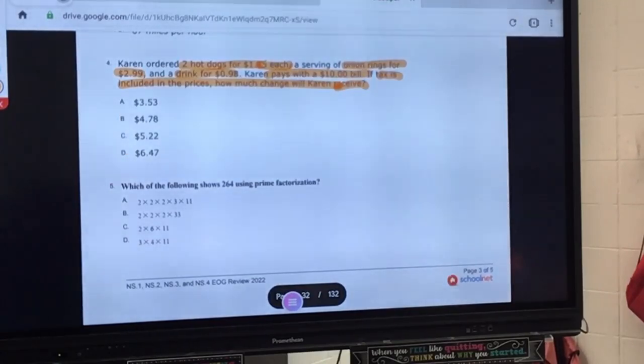So you should be writing and solving, not staring up at the ceiling or out the window or anything else right now.